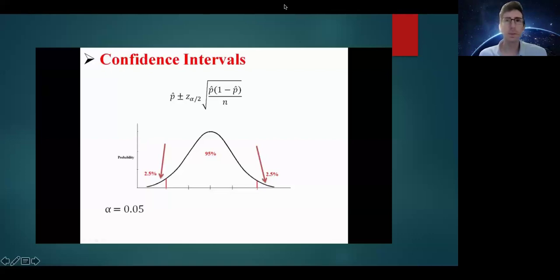So if we go back to our drawing slides, what does this mean? This means that the z-value here, that z alpha divided by 2, is equal to negative 1.96. And here it's equal to a positive 1.96, right?